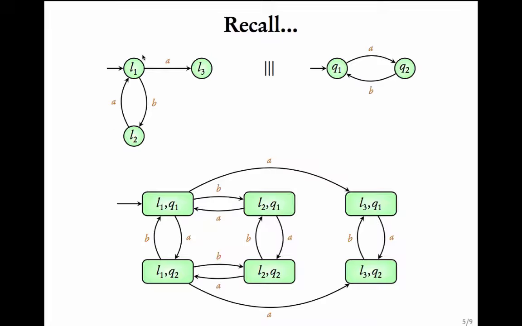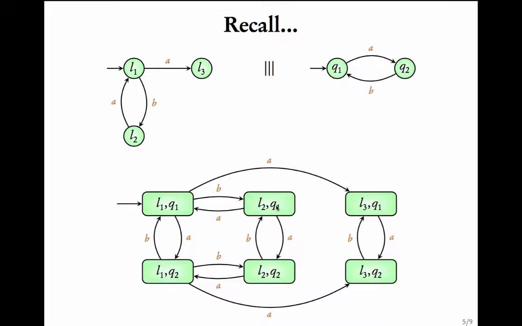There are 3 states in this transition system, L1, L2 and L3. There are 2 states in the other, so this transition system can be in either Q1 or Q2. When we want to talk about the joint behavior, we want to track the states of both these systems. So we need to maintain the current state of both of these systems.